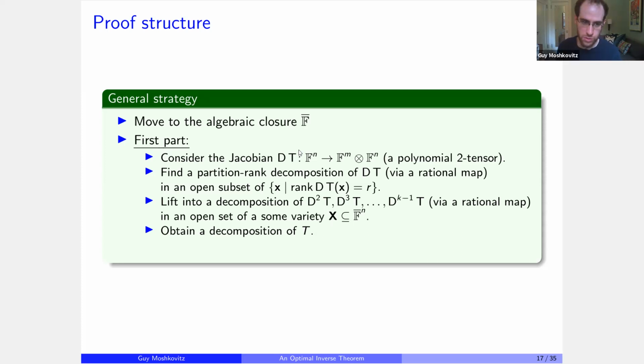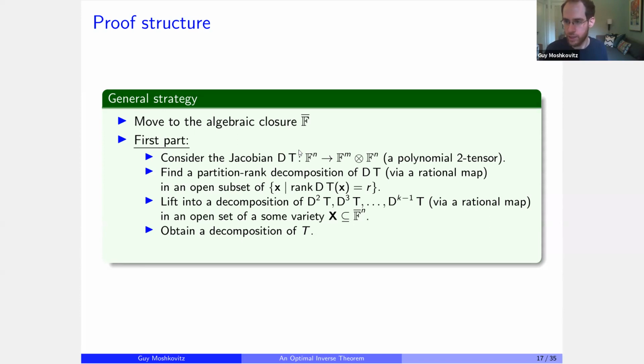And we're going to find a partition rank decomposition for this tensor. Again, it's an order 2 tensor of polynomials.